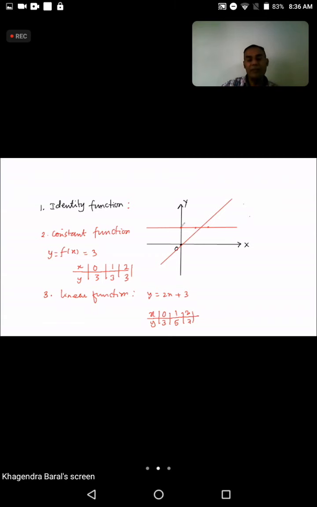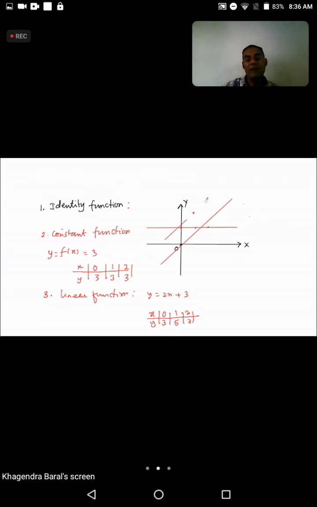And this is the straight line passing through the points (0, 3), (1, 5), (2, 7) and so on. Simply, we get the graph of a linear function is a straight line. Okay, graph of a linear function is a straight line.